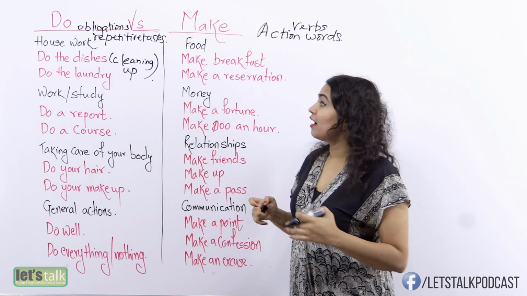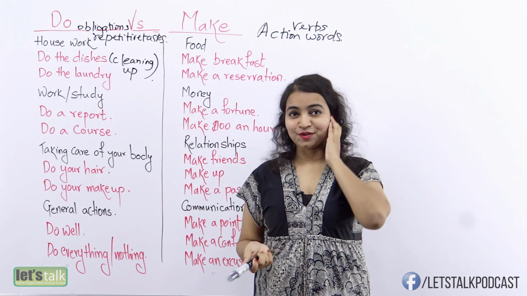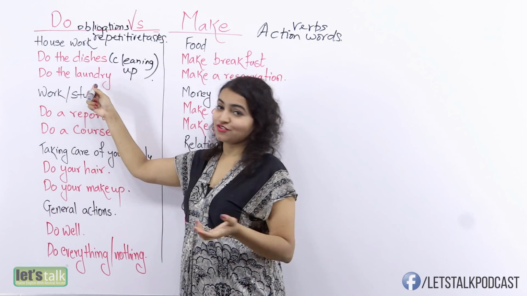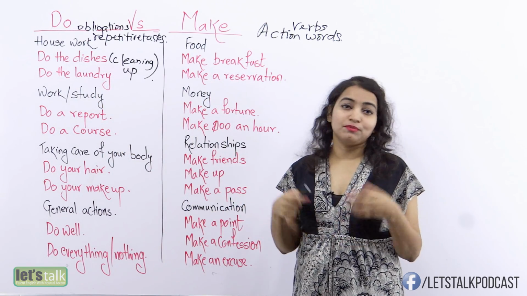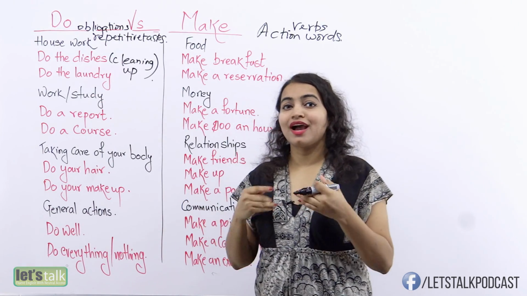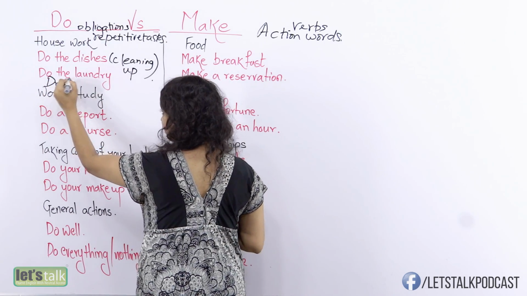Okay. Well, if you have clothes that are not ironed, well, you won't look very good, right? So in that case, you would have to do the laundry. This is another very important housework that we pretty much do every single day. Or in general, if you're talking about household activities, you can say that I do the chores.